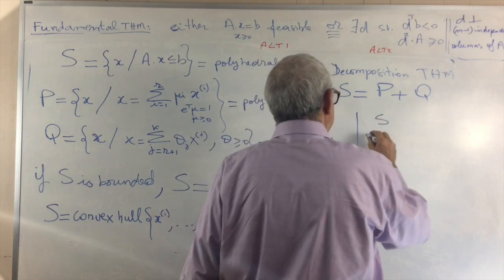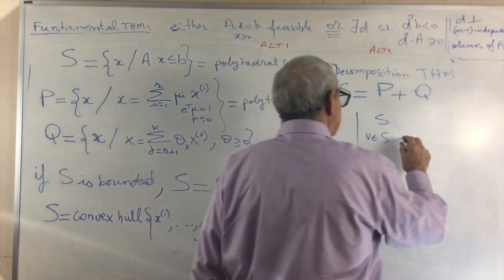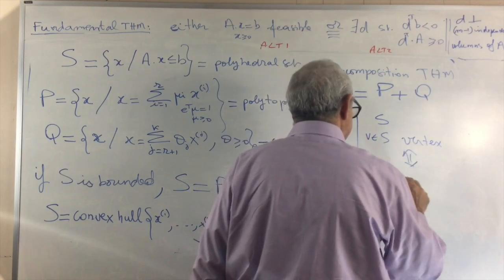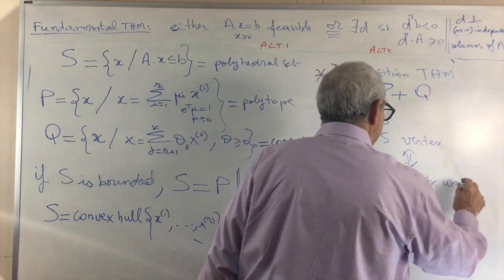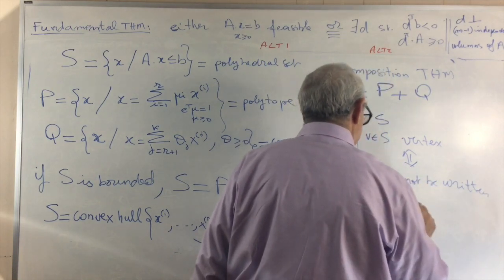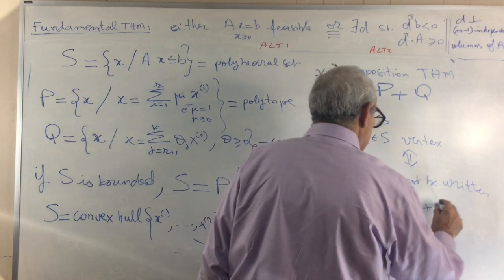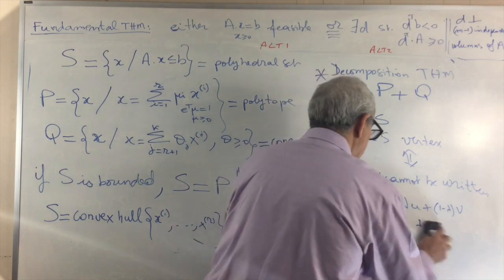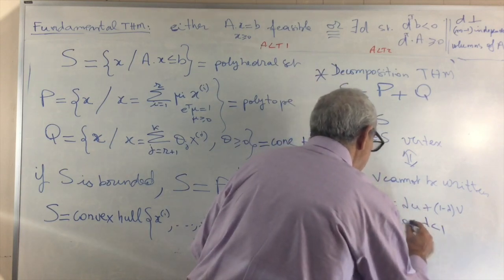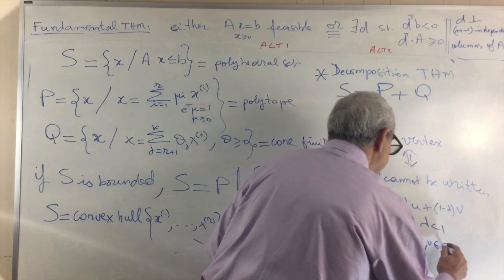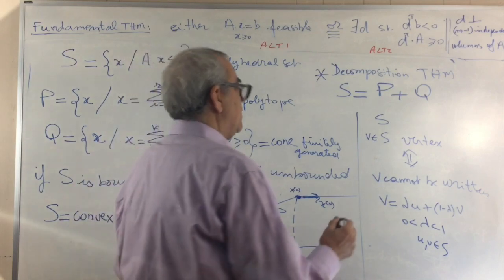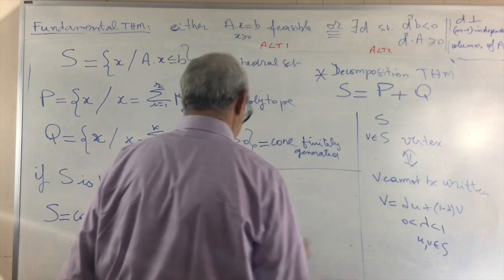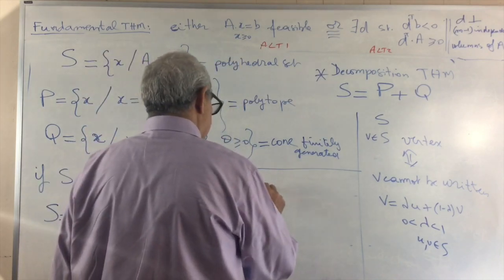We have a set S, and v in S is a vertex if, by definition, v cannot be written as v equal to lambda u plus 1 minus lambda w, with lambda between 0 and 1, and u and w belong to S. In other words, we cannot put v in a line segment.